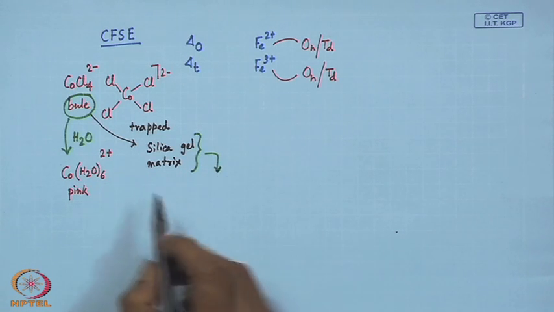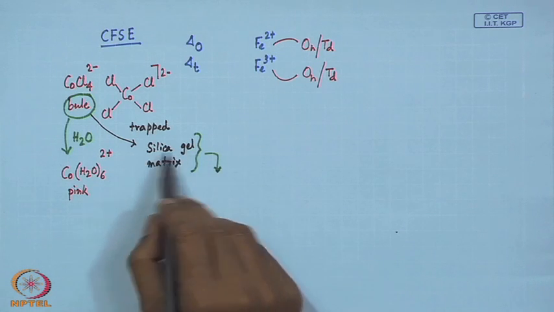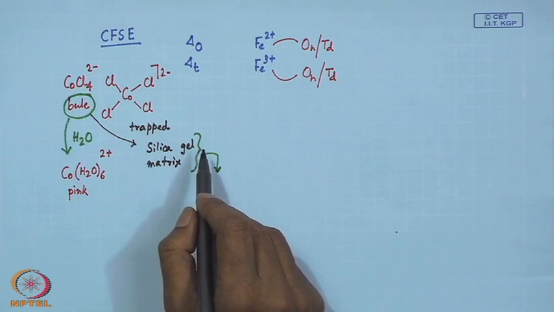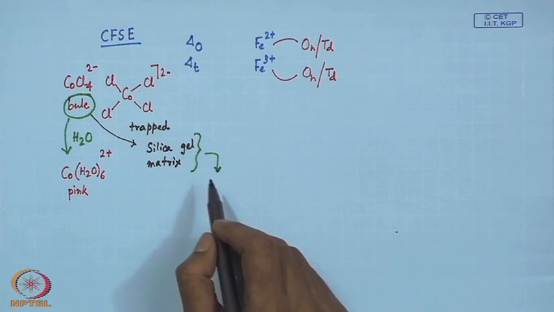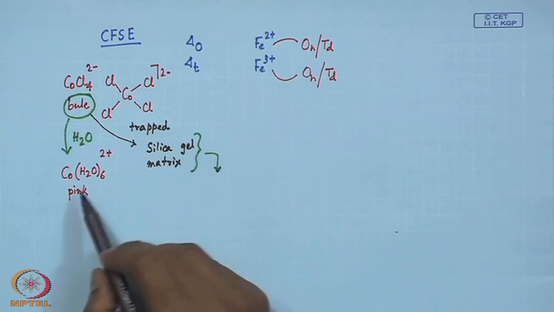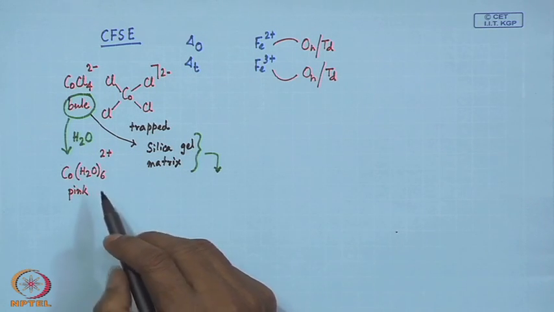So, by looking at the corresponding color change from blue to pink, we can tell that the silica gel is absorbing some amount of moisture, or has already absorbed some amount of moisture and has changed its color from blue to pink.